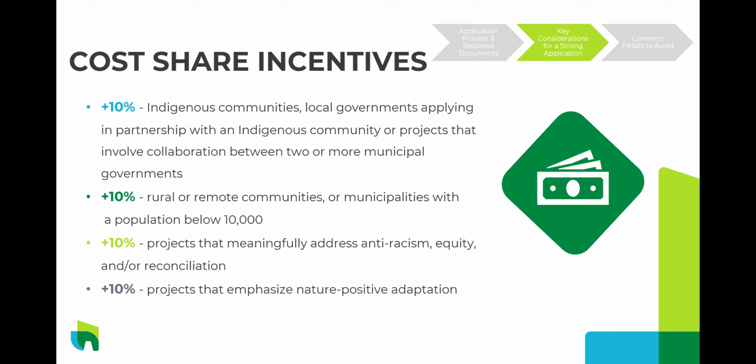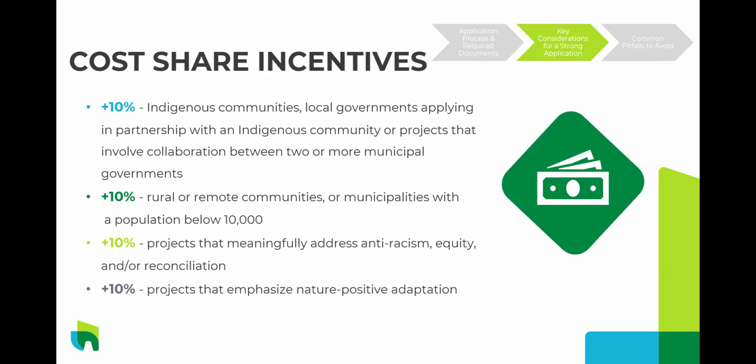The first one is you could get an additional 10% coverage of your project if it's an Indigenous community, or if it's a local government that's applying in partnership with an Indigenous community, or projects that involve collaboration between two or more municipal governments. In this case, a letter of support would be needed to access this incentive.